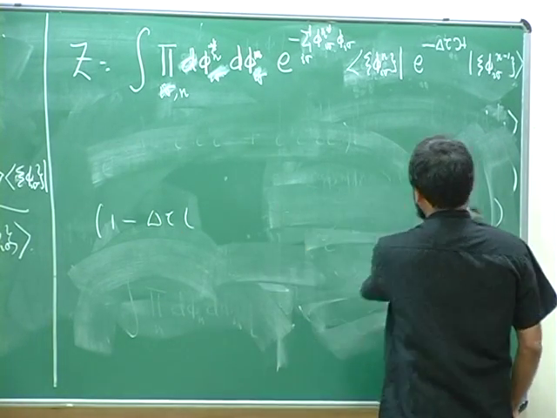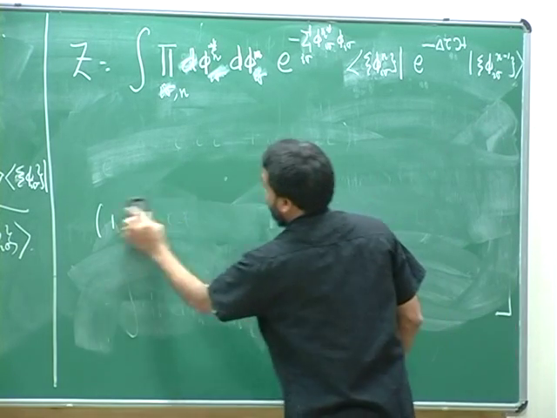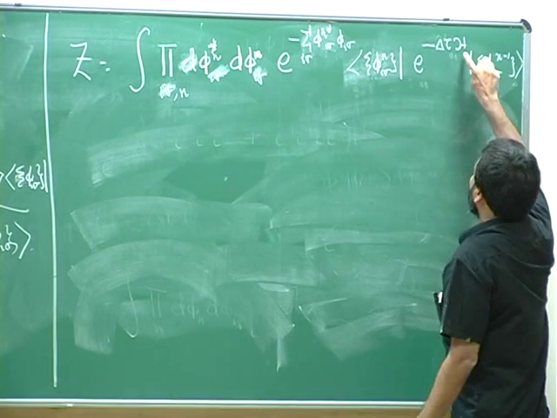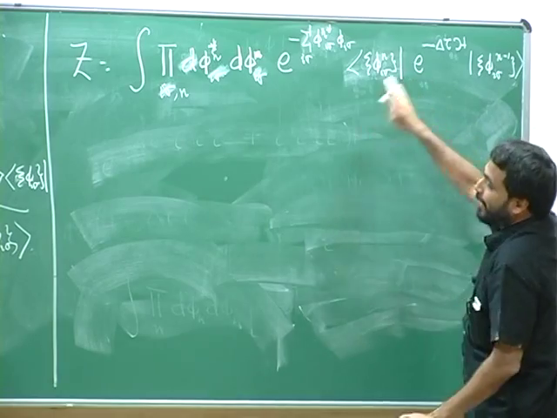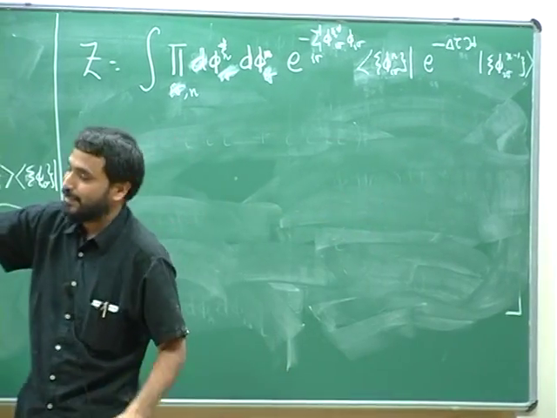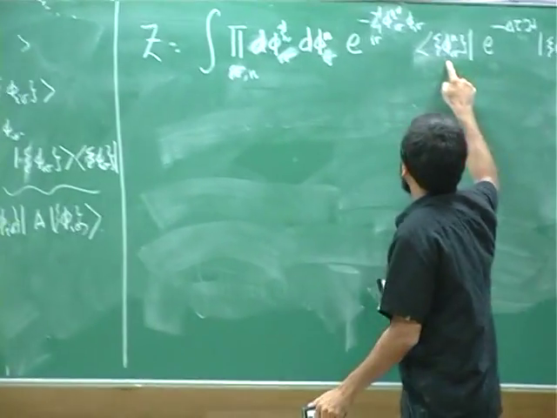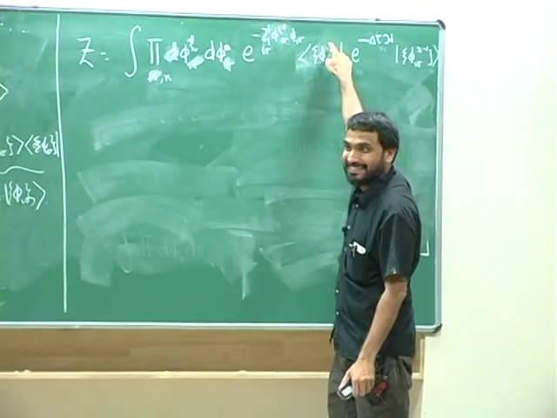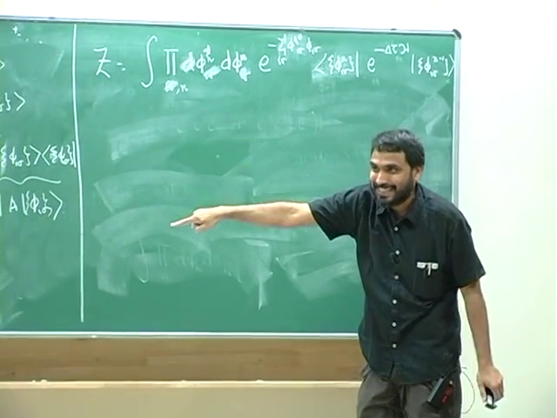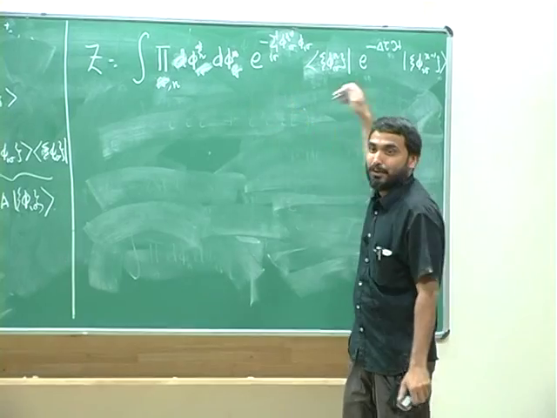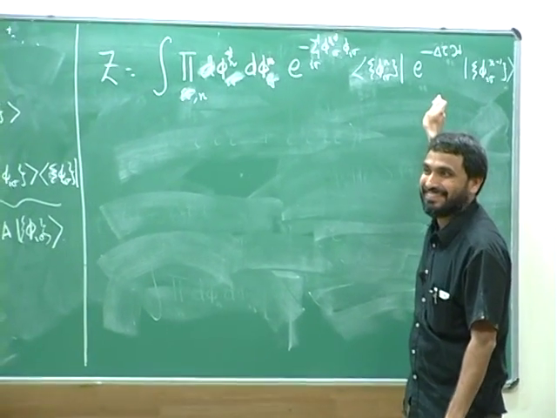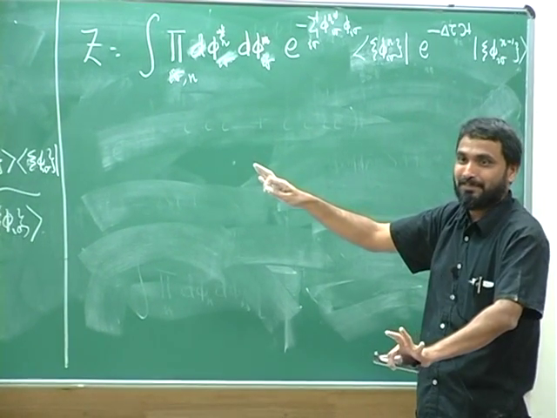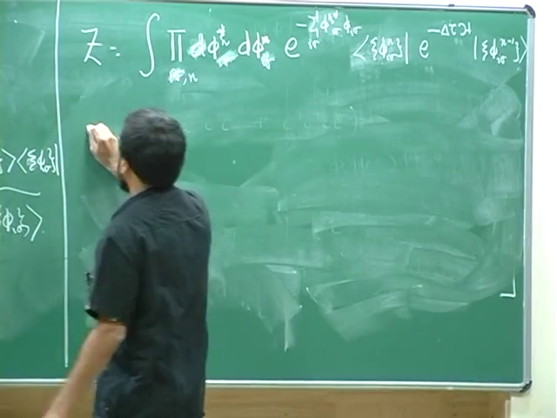So once you do that, I leave it as an exercise for you to show that this fellow will be simply wherever you see these C daggers in that equation, replace them by the appropriate phi star n's. Wherever you see C's in that, you replace them by phi n minus 1. And just play the game, right? You will find that the partition function is this.